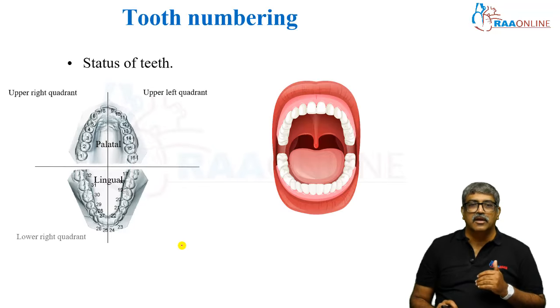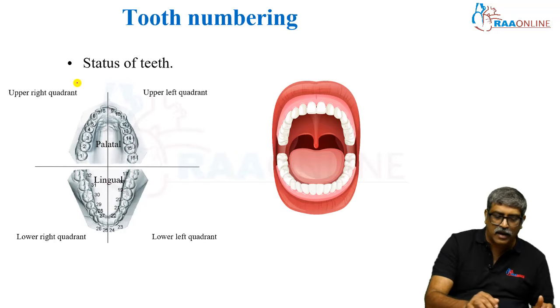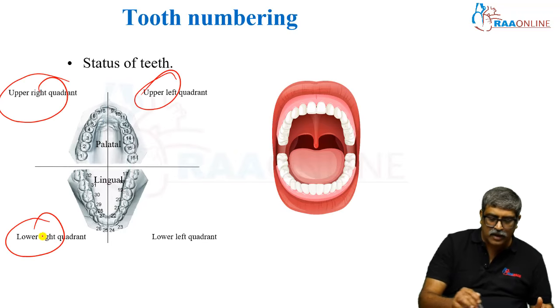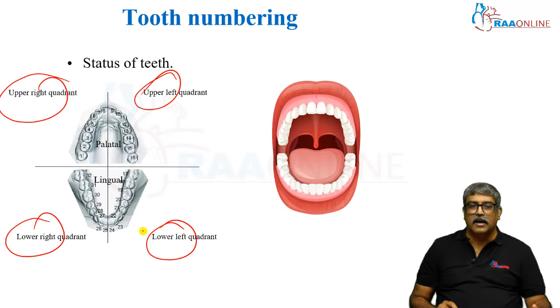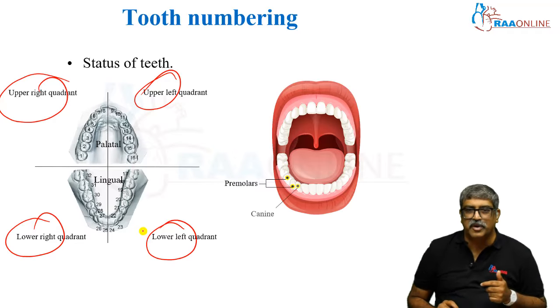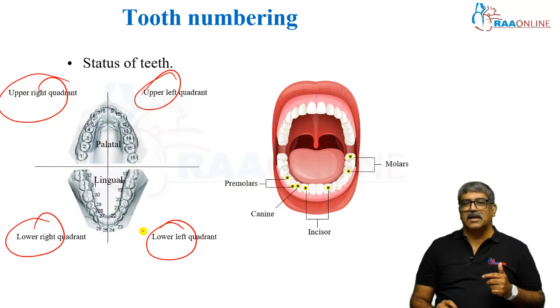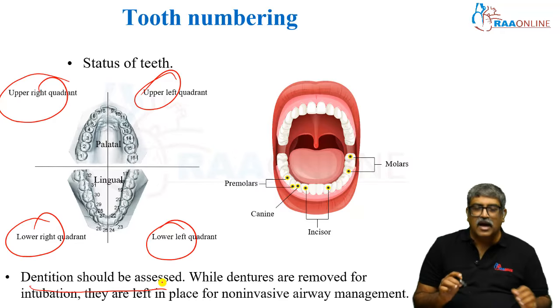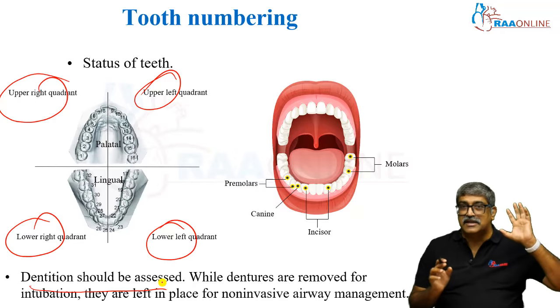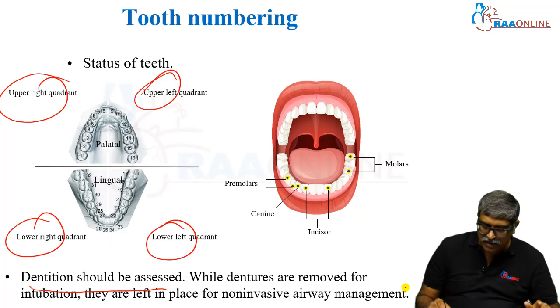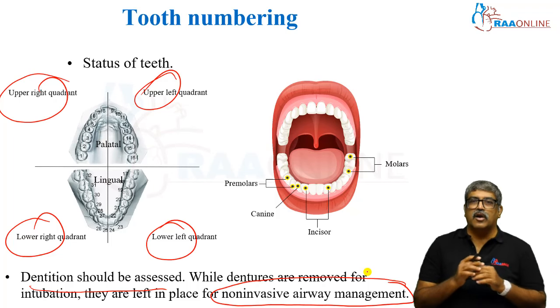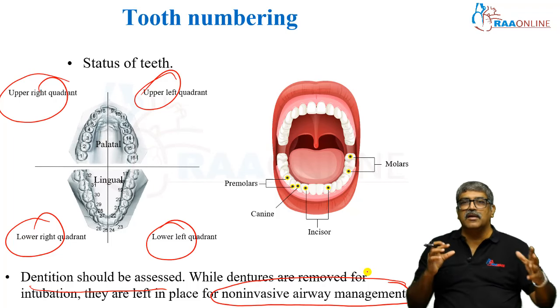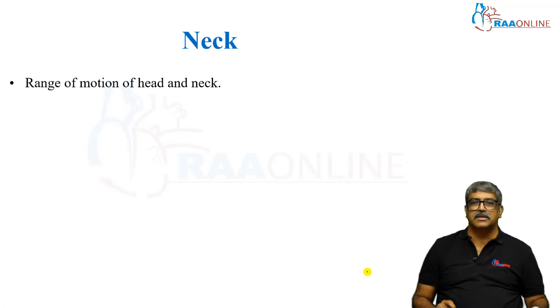You have to look at the 4 quadrants: upper right, upper left, lower right and lower left. And you have to look at the premolar, canine, incisor and the molars. The dentition should be assessed, and as I said earlier, while dentures can be removed for intubation, they are left in place for non-invasive airway management, particularly bag mask ventilation.